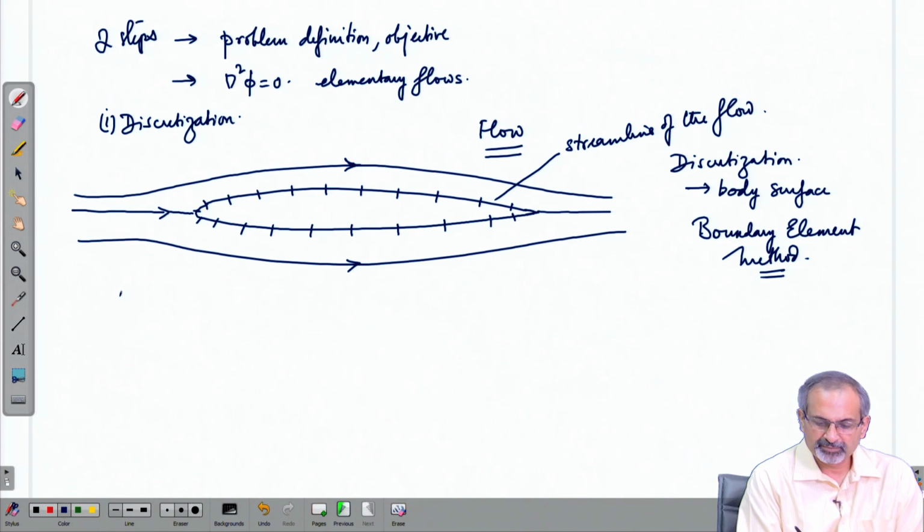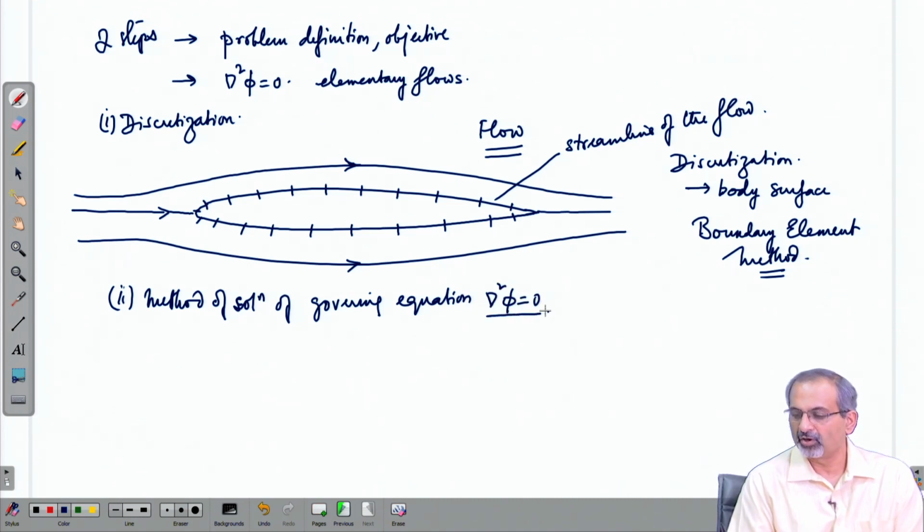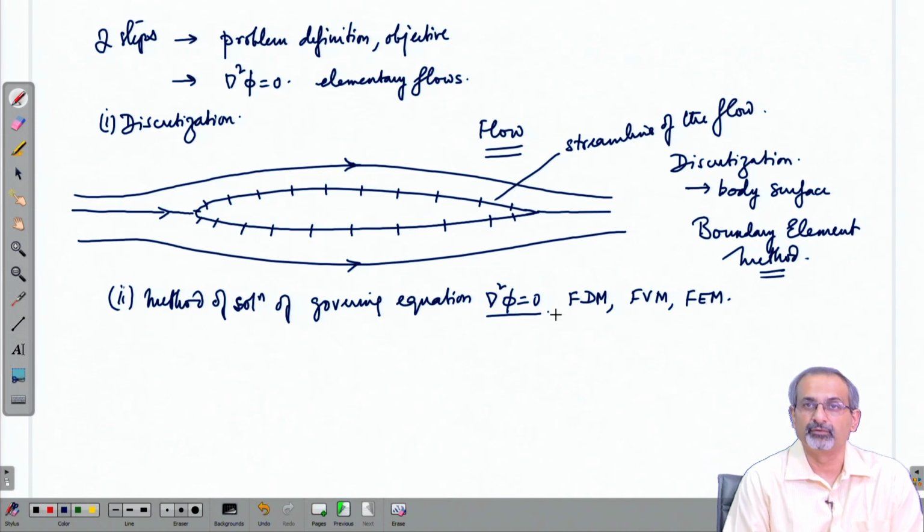What about the fourth step, which is essentially the second step in the CFD exercise? We talk about method of solution of governing equation. So, here of course, governing equation is Laplace equation, and we are not going to solve it with any of those techniques that we discussed earlier, finite difference, finite volume, finite element methods, etc. These are the ones which we will use when we solve for the flow field. But here we are going to take a different technique.